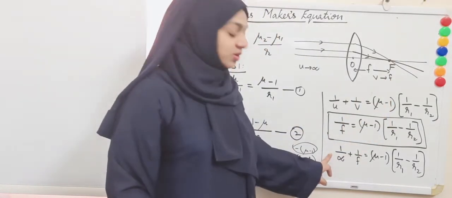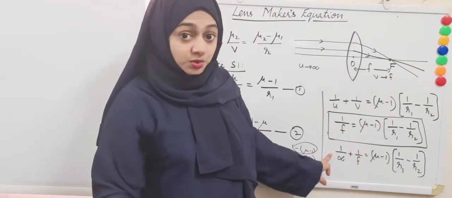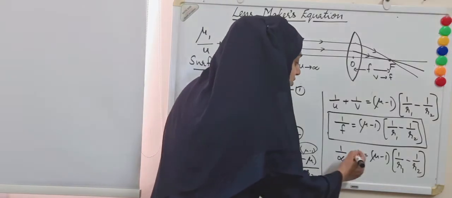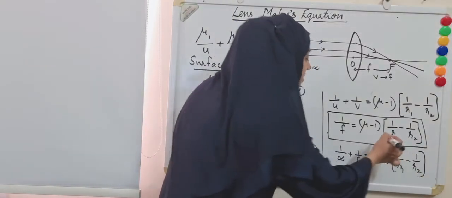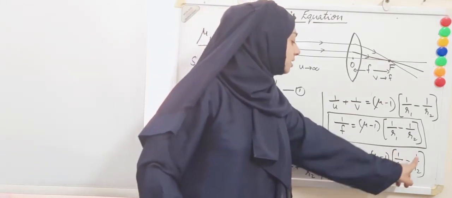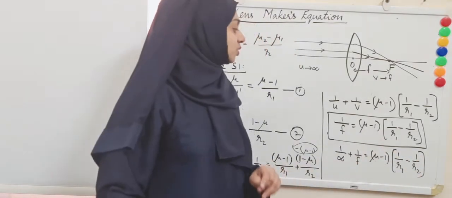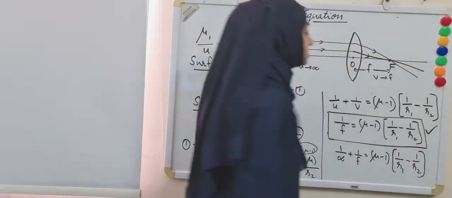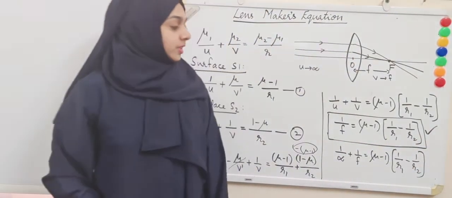And we know that 1 by infinity is 0. So we will end up with the equation 1 by f is equal to mu minus 1 into 1 by r1 minus 1 by r2. So this is the lens maker's equation.